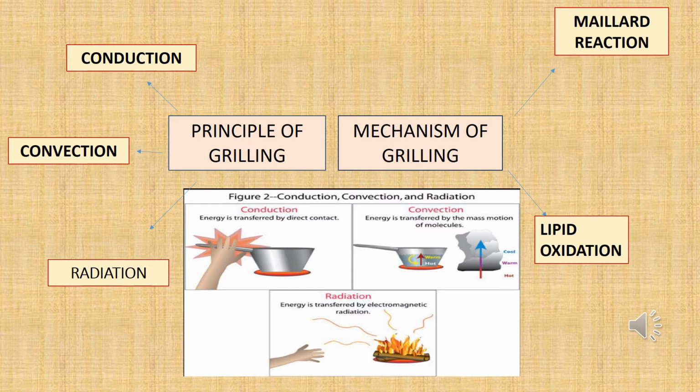There are two mechanisms of grilling, which are Maillard reactions and lipid oxidation. During Maillard reactions, the aroma, color and flavor change. This reaction comes about because the meat protein breaks down into amino acids. These amino acids then interact with the sugar present in the meat.